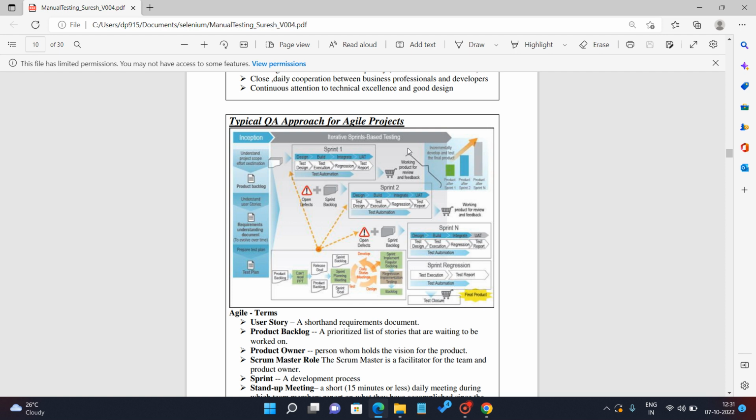Build one is the name of that software, which was developed in sprint one, and then sprint two.